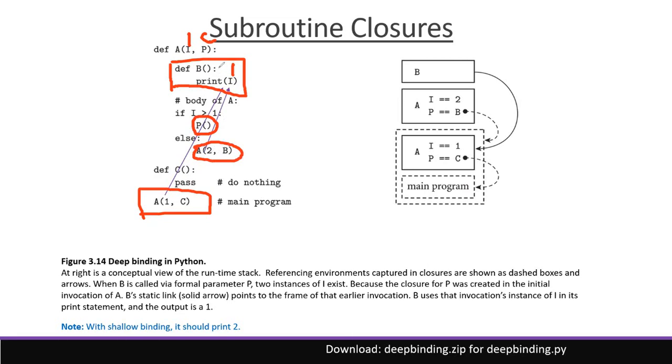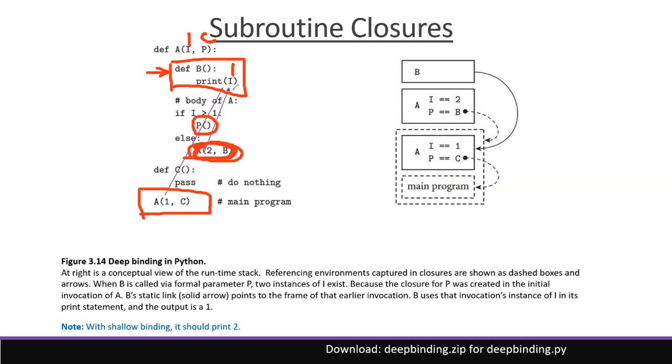A2B, you also pass the 2 and B together. But this B function is defined in A's frame. This A function call, when you call it, the B function is defined in A's frame. Then that's one result. If the B function's I is defined by another frame, then you will get 2.